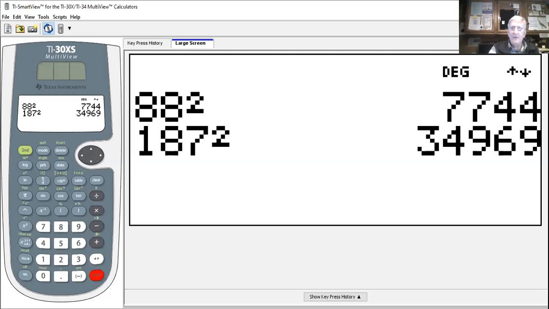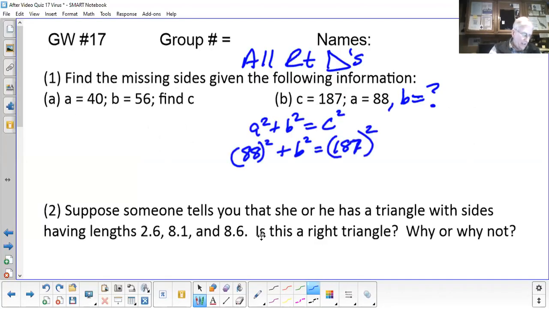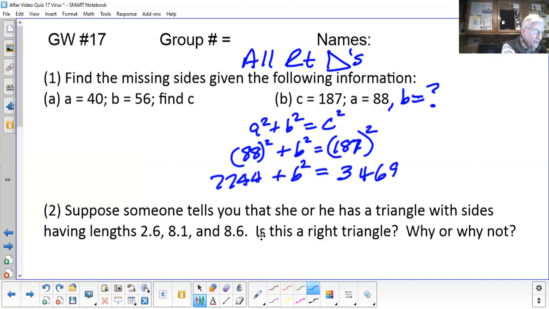Okay, now what do I do with those two numbers? Well, if I go back to the other screen briefly, all right, I will see that. So what I have to do is I have to go back here and put the answers I got for those two squares down here. 7744 plus b squared equals 34,969.